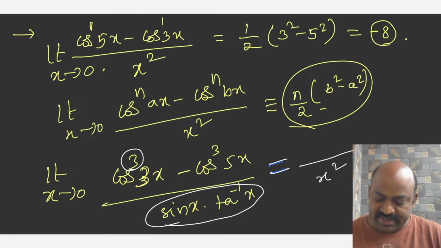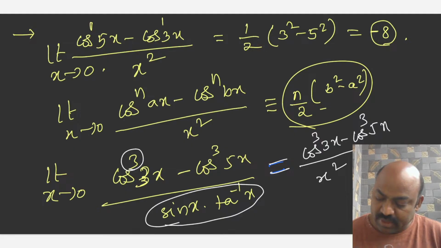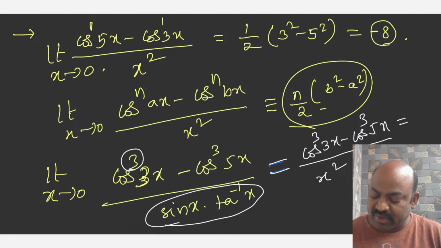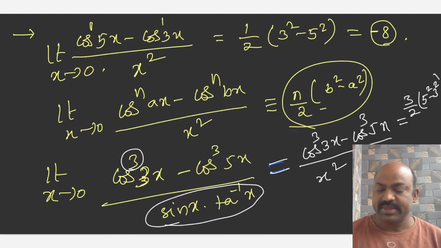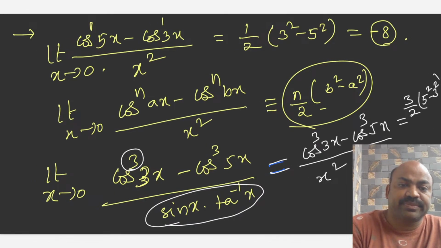Here n is 3. So cos cube 3x minus cos cube 5x, and according to our formula, n is 3 by 2 into (5 square minus 3 square). Are you there? Simplify and give me the answer quickly.